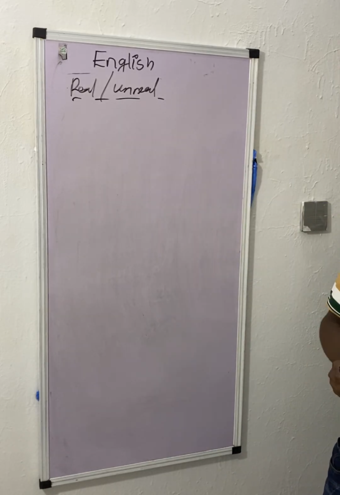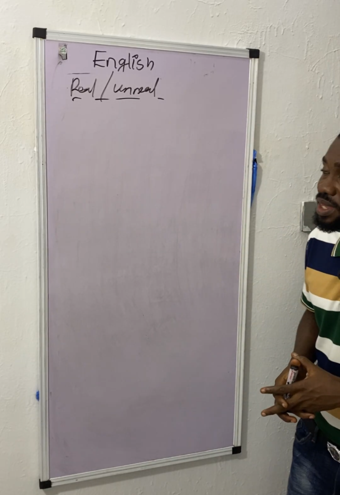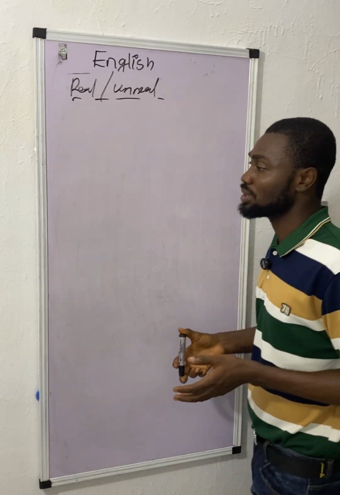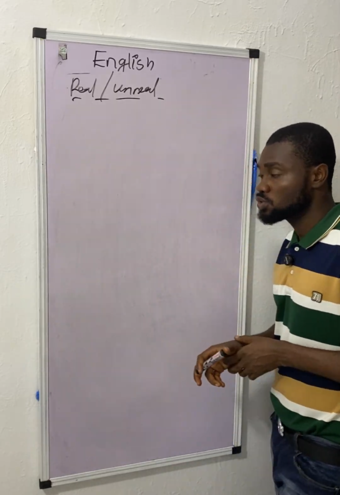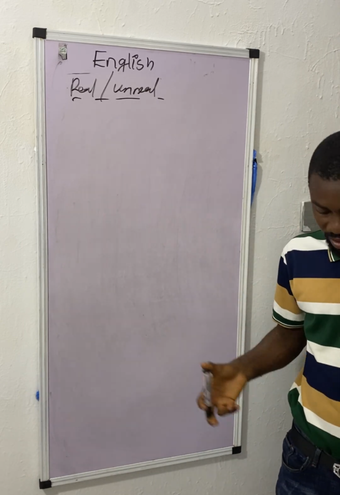We usually use present tense to express something that will likely happen, that will likely be a reality. Then we use past tense to express something that will most likely not be a reality.